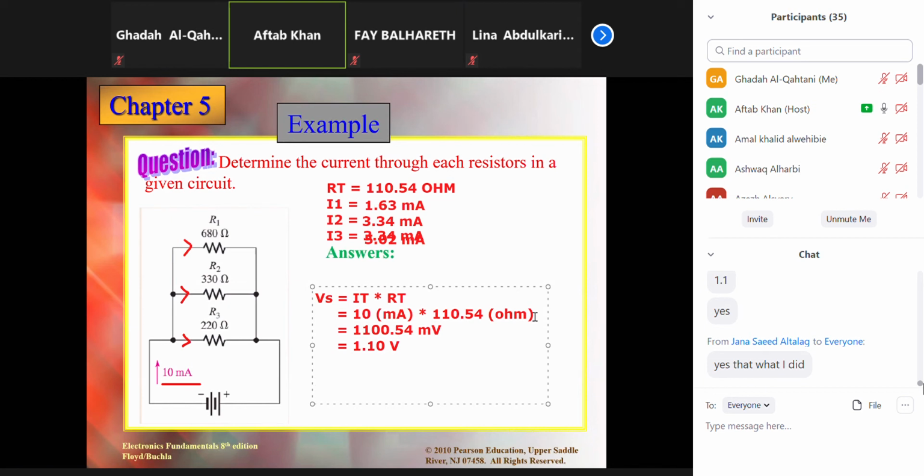Yes, Jana. Yeah, you are right. Those who are getting 1.1, they are all correct now. Yes. 11.5.4, it is absolutely wrong. You can check it. When I multiply, yes, it should be 11.54.